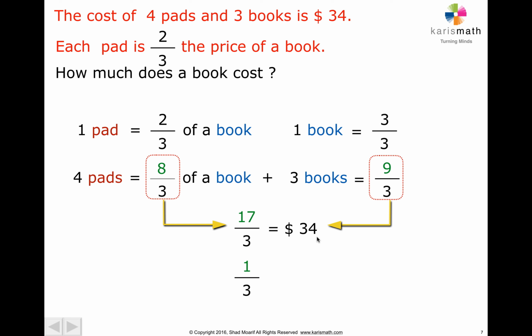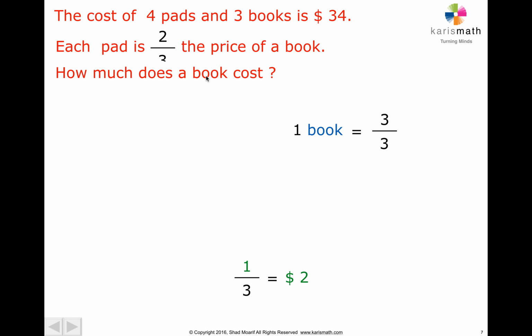Well, divide 34 by 17, and each third is $2. Now you're pretty close to the solution. 1/3 is $2. How much does a book cost? Let's get rid of all the clutter and just look at one book. One book is 3/3, and 1/3 is $2. So 3/3 would be 3 times $2, which is $6. And that's how you find the answer.